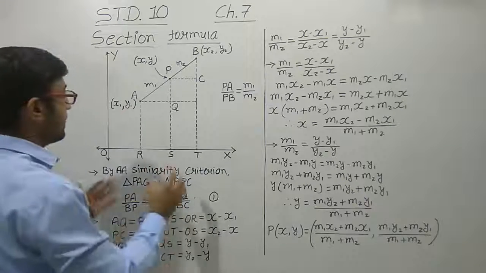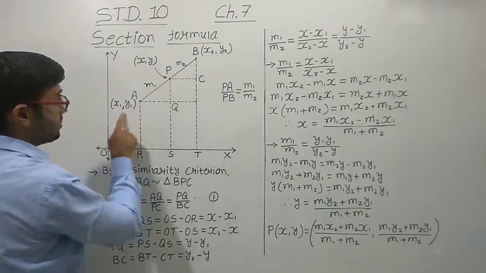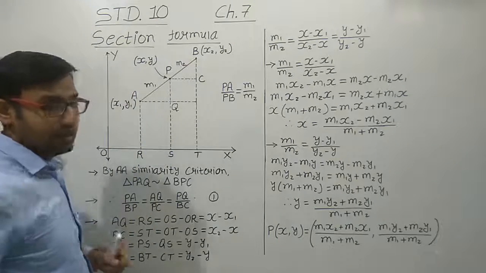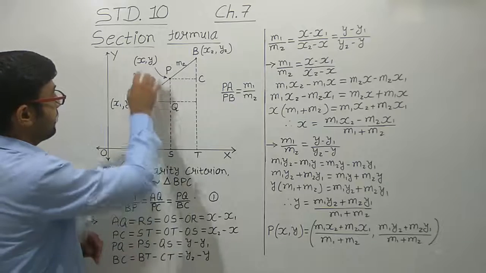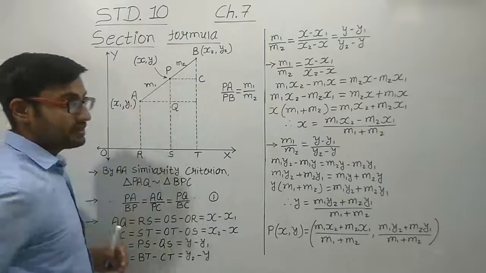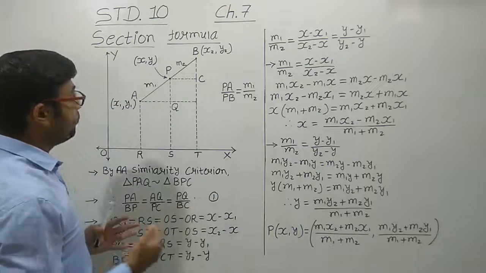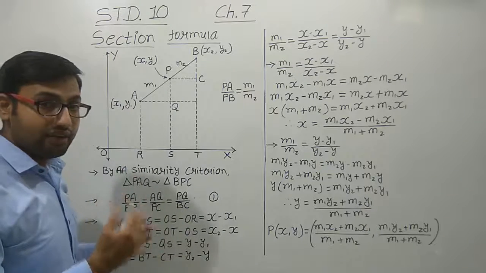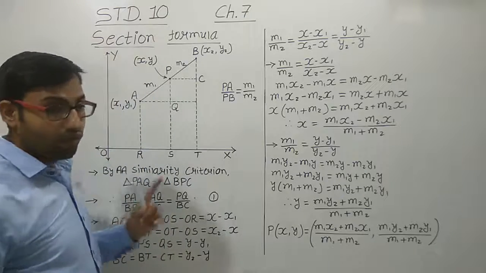So this is the main diagram, the line segment, these 3 points, and all the coordinates. Right? Now, how can we find out the value of x and y? That value of x and y, when we derive it, is called the section formula.